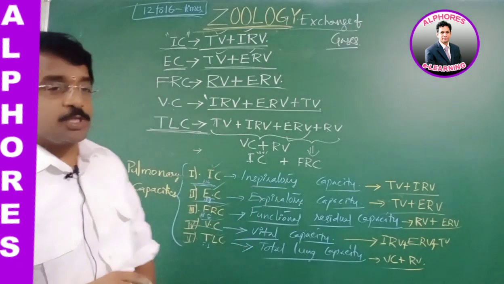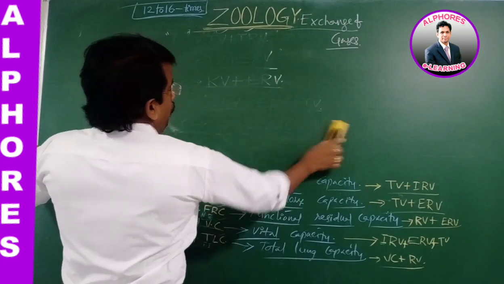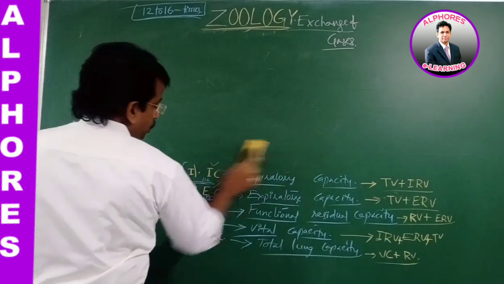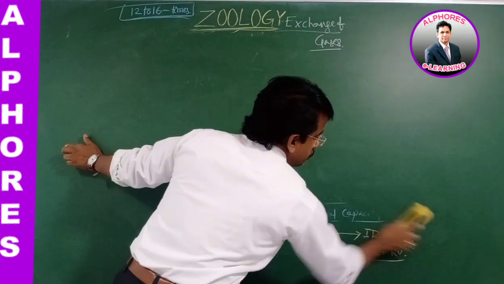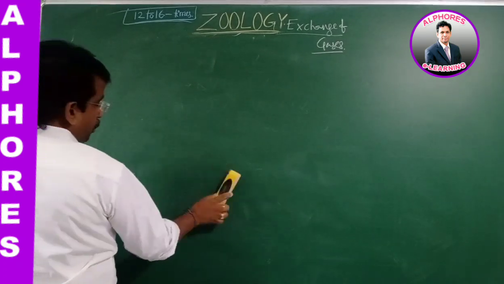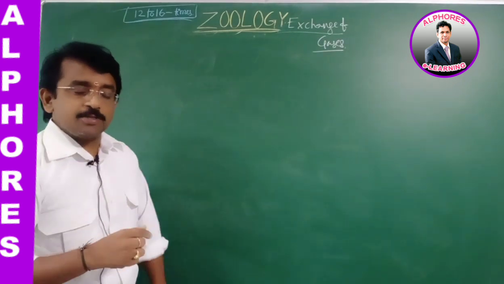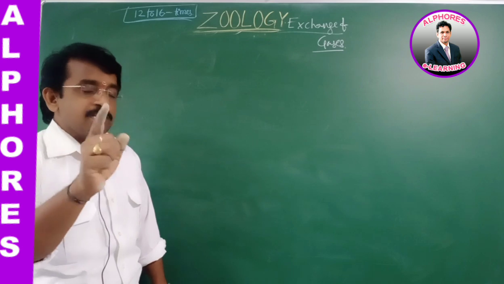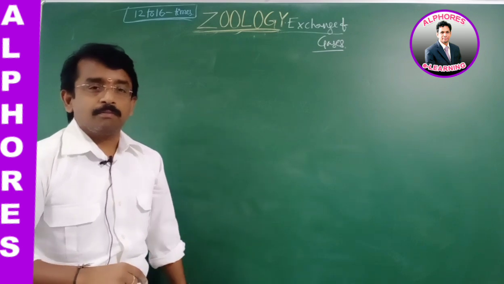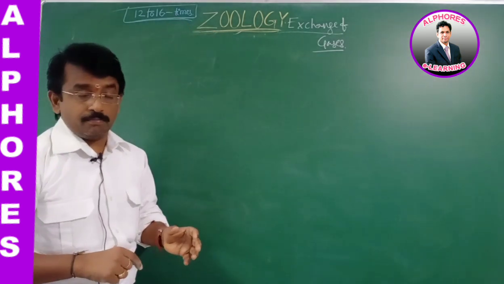Generally, the exchange of gases, as we already discussed, depends on the partial pressure of the gases, solubility of the gases, respiratory surface area, and distance traveled by gases. These are what influence the exchange of gases.